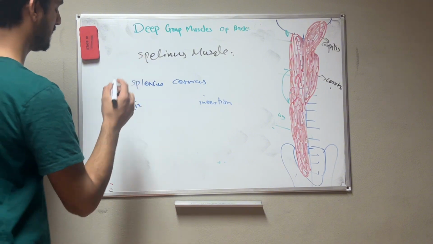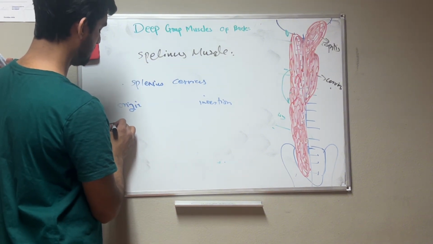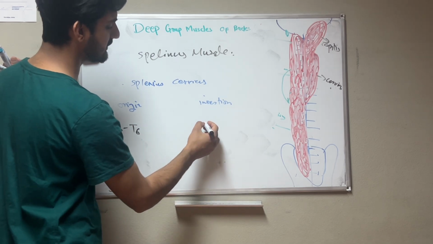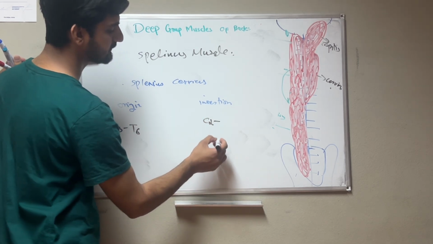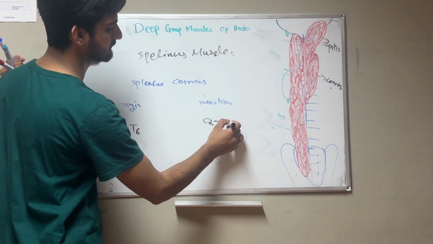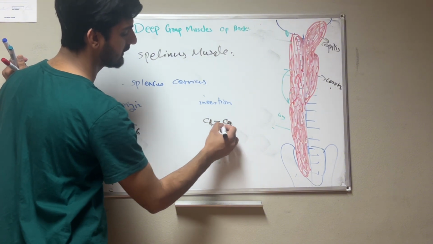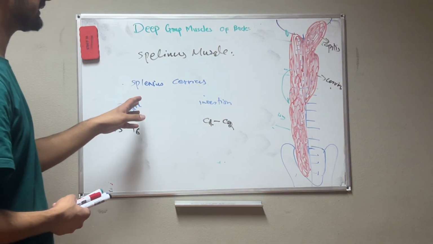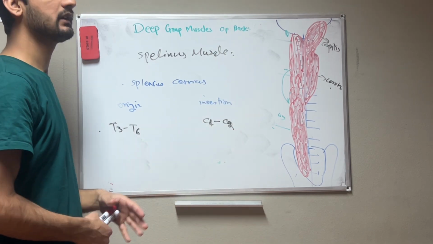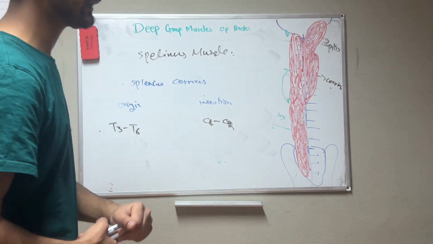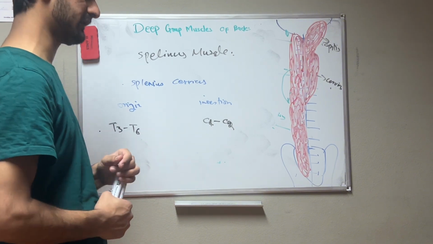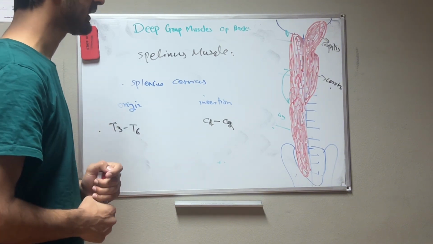Origin from T3 to T6 spine process, and insertion into the C1 to C2 spine process. These are the origination and insertion of the splenius muscle, the second muscle of the spinotransverse muscle, the fifth muscle of the D group of muscles.